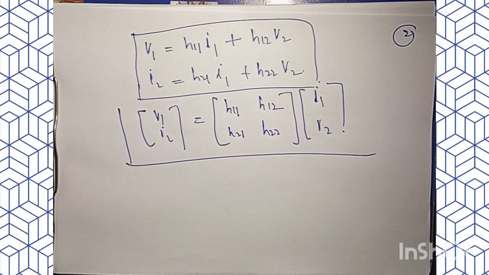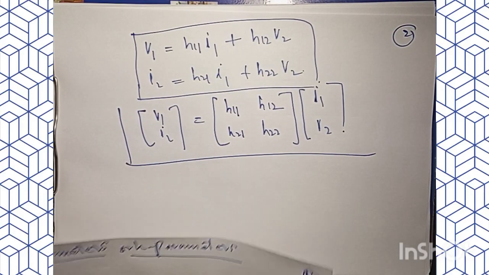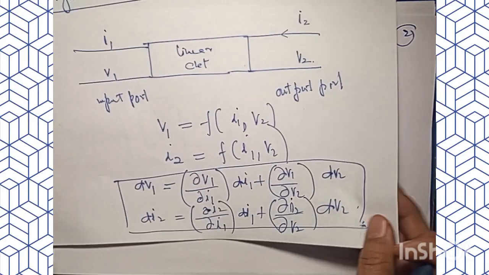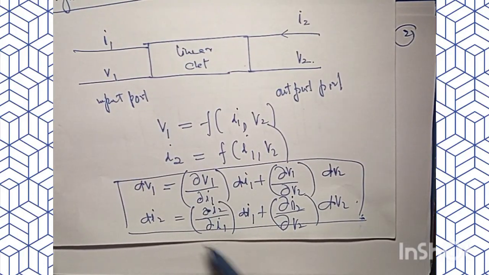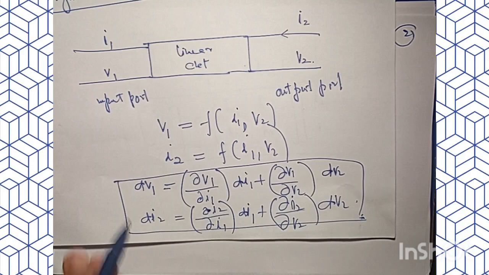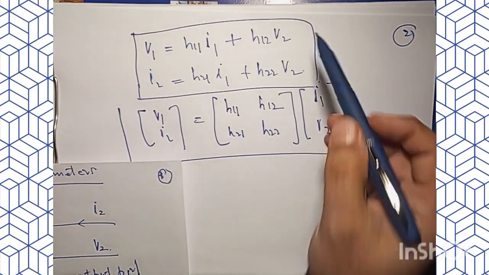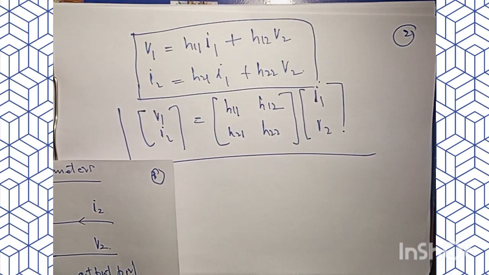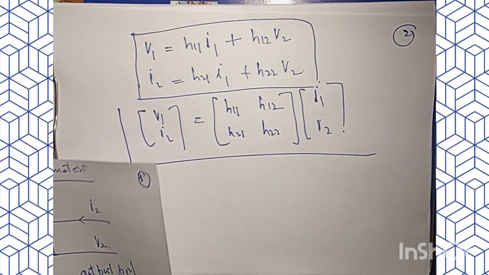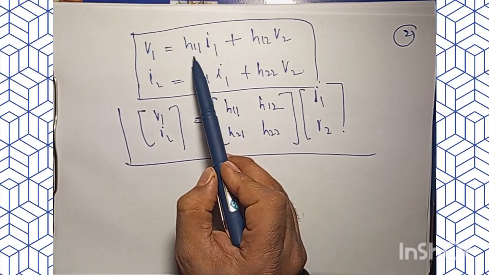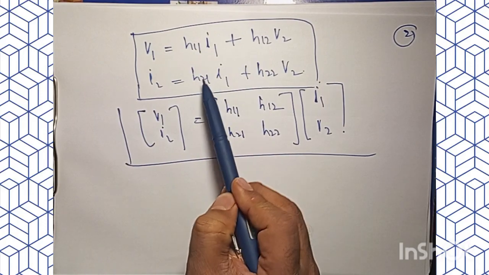It should be clear. This is the matrix formulation of the above two equations that we have written by assuming that these partial derivatives are acting as constants. So avoiding these partial derivatives, we have these equations, and we can write them in matrix formulation, as you can see here.